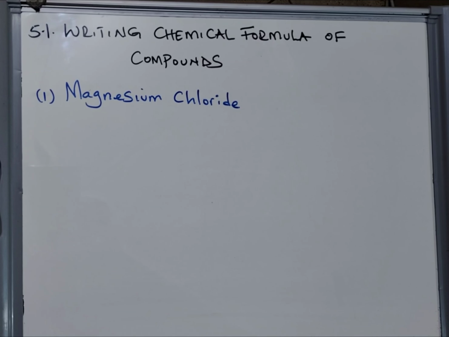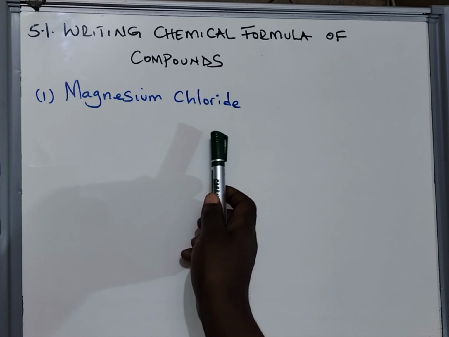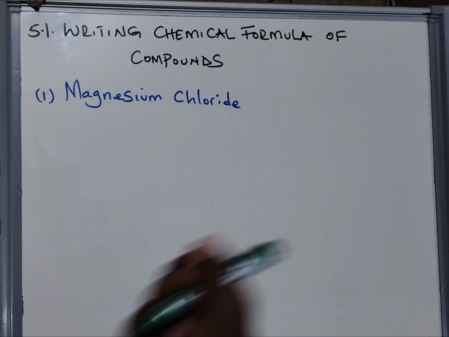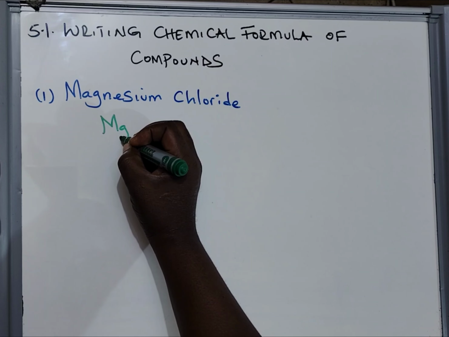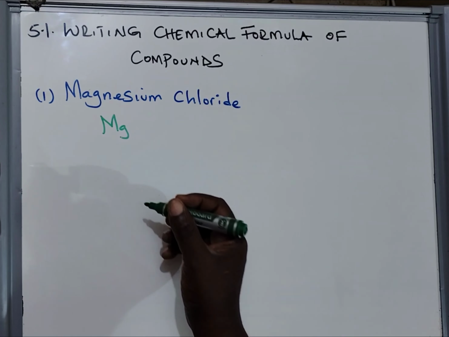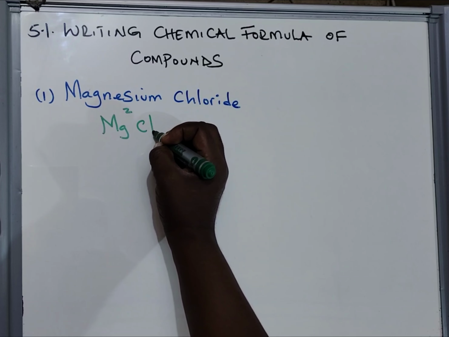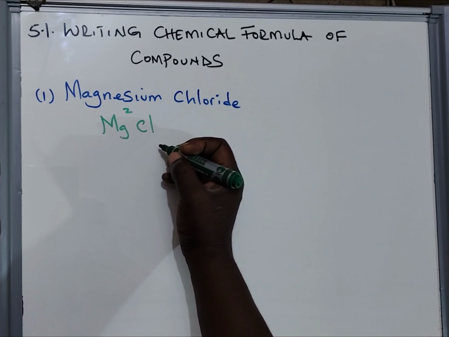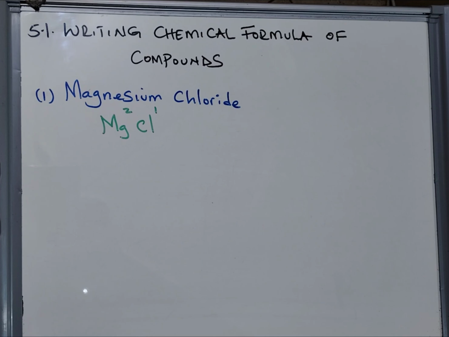Yeah. Now we have come to the climax of writing chemical formula of compounds. Okay, the first example we are having is this one. It is magnesium chloride. So what do we do? You must know the symbol for magnesium. And also you have to remember the valence. Magnesium is group 2, so it's valence 2. Next, you have to know the symbol for chloride, which is chlorine, and the valence is 1. Remember, it's group 7.